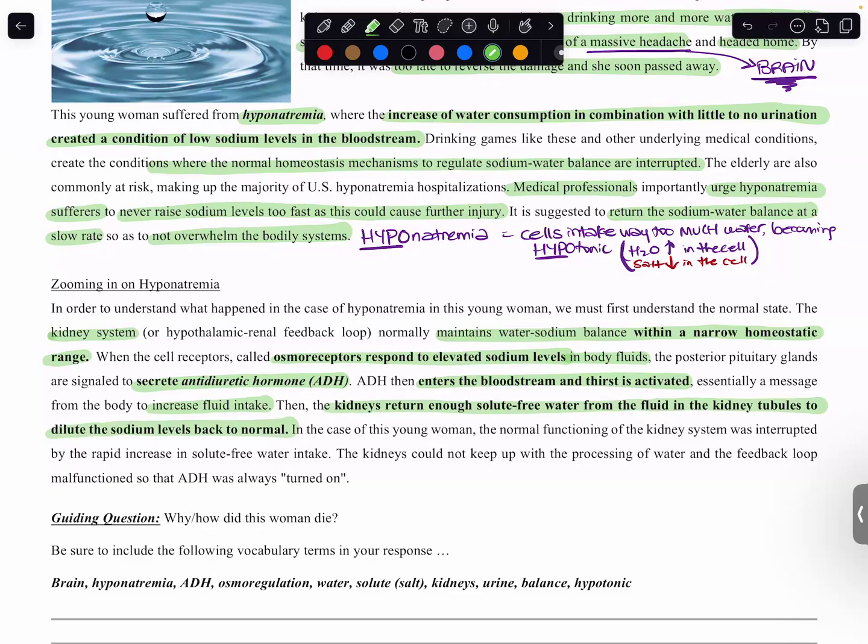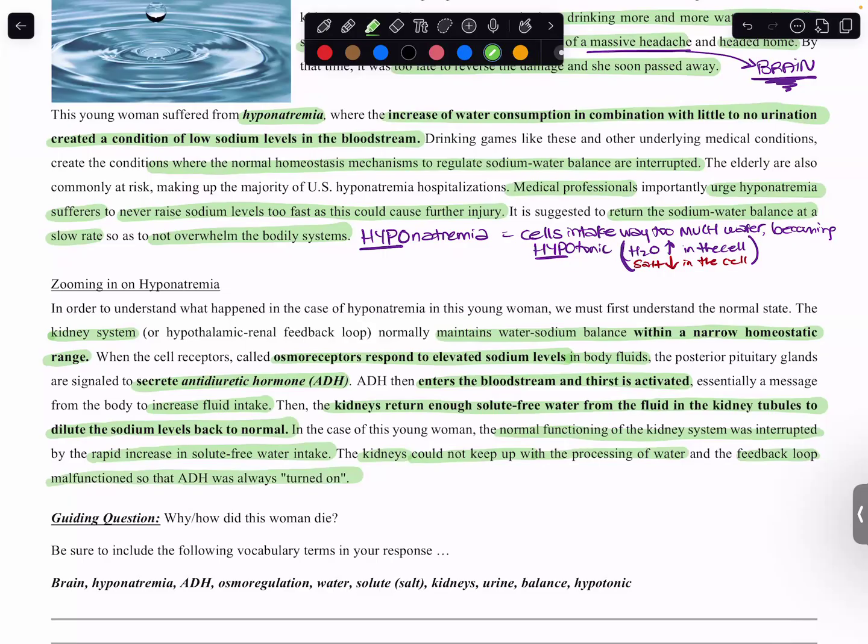In the case of this young woman, the normal functioning of the kidney system was interrupted by the rapid increase in solute-free water intake. The kidneys could not keep up with the processing of water, and the feedback loop malfunctioned so that ADH was always turned on, right?